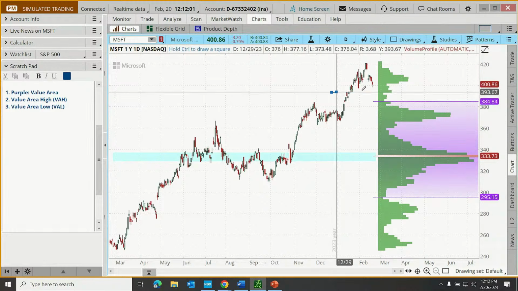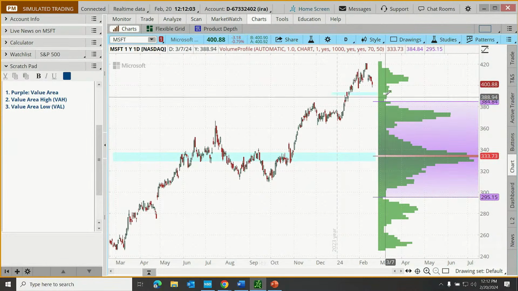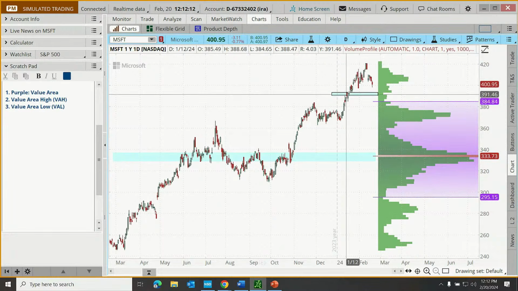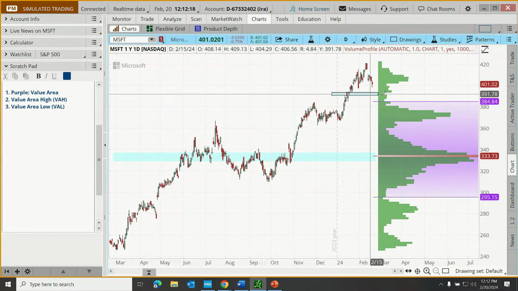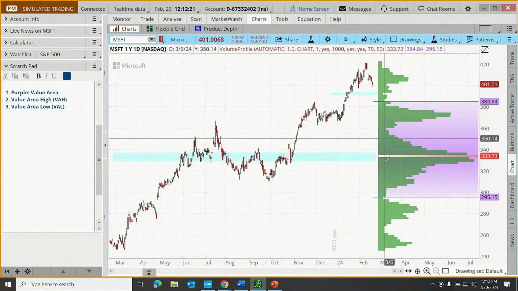So, for example, if you look at this area right here, where we have a very low volume node, now that's a mouthful, isn't it? Well, that just reflects the fact that there are basically only 2 days of trading, comparatively low total volume. If you add up all the volume of those 2 days, not much happening there.